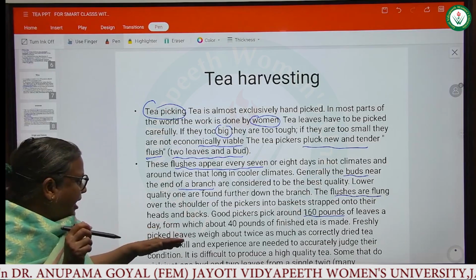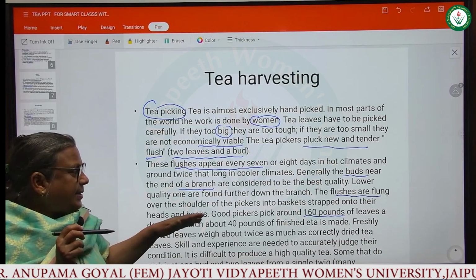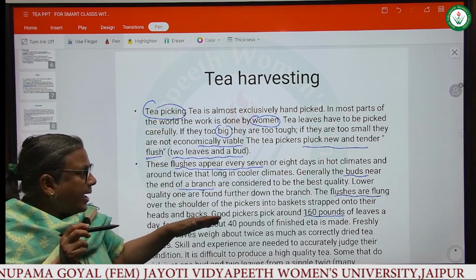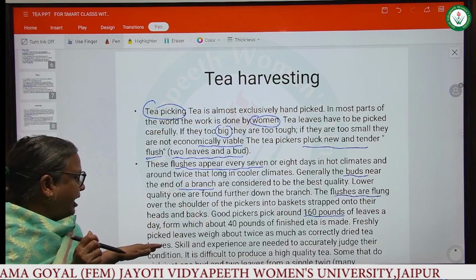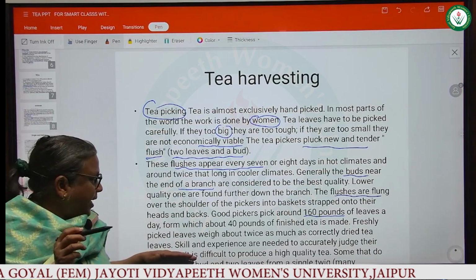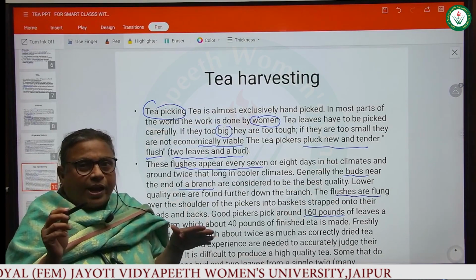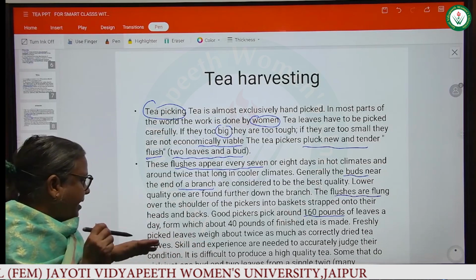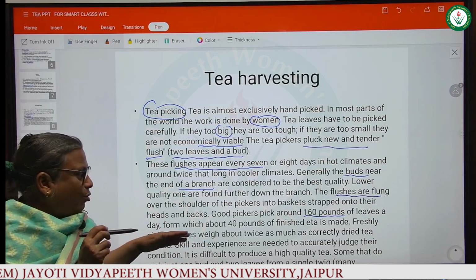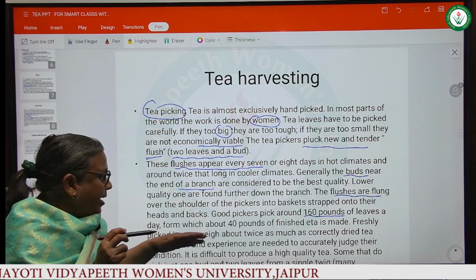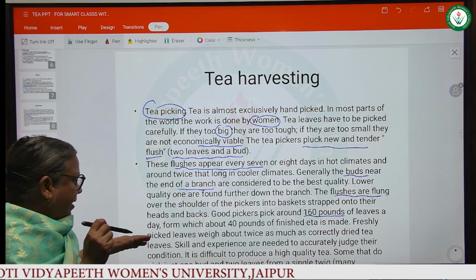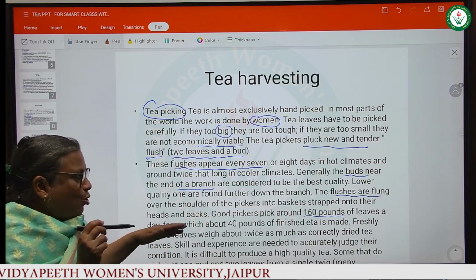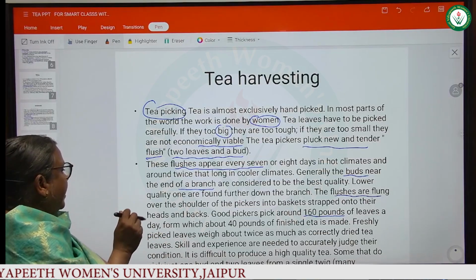Freshly picked leaves weigh about twice as much as correctly dried tea leaves. Skill and experience are needed to accurately judge their condition. It is difficult to produce a high quality tea. Some that do pick just 1 bud and 2 leaves from a single twig.